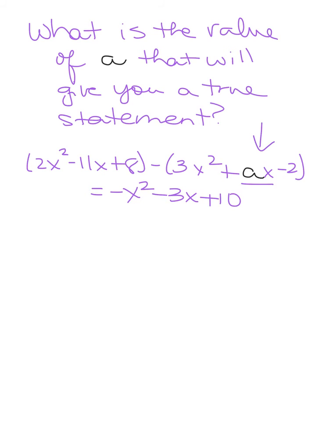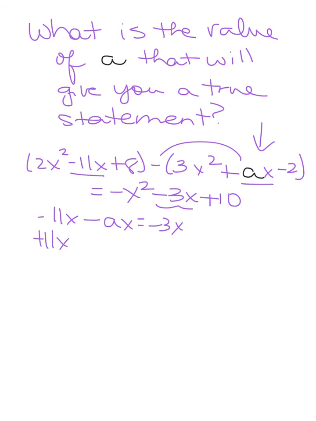We're looking at ax, so it's x to the first. So everything else I don't really need to pay attention to. So I have negative 11x minus ax, because I have to distribute that negative, plus 8x is equal to negative 3x. Now if I'm trying to isolate a, I can really just solve this algebraically.